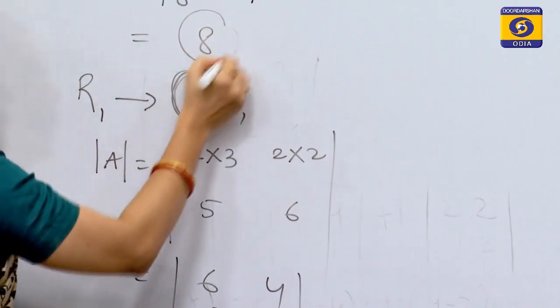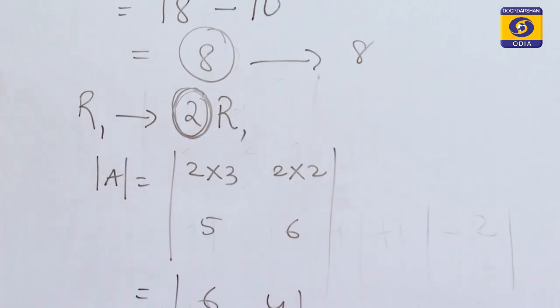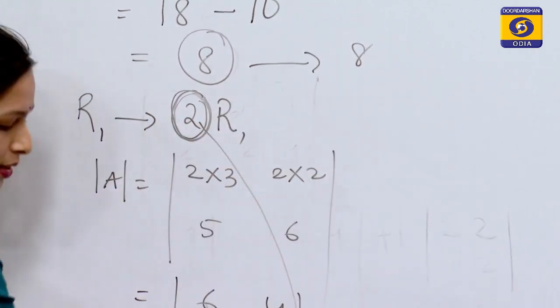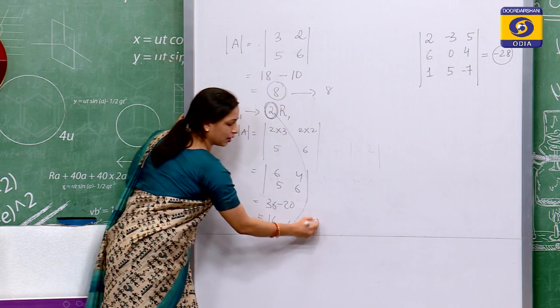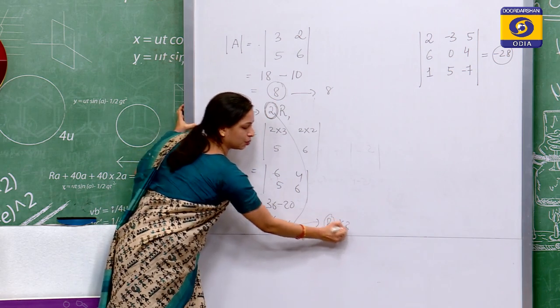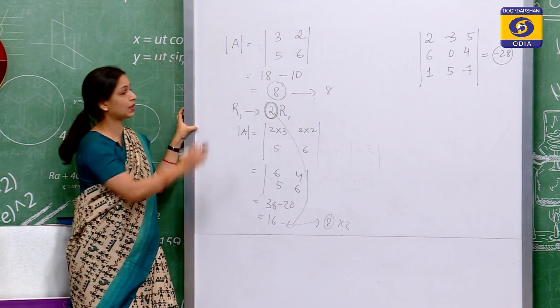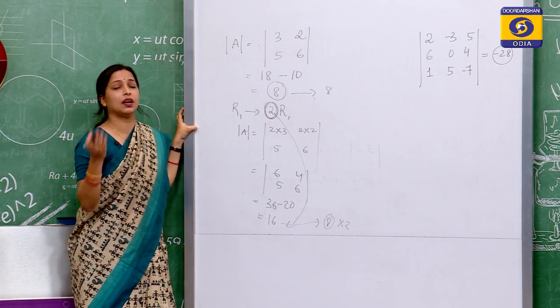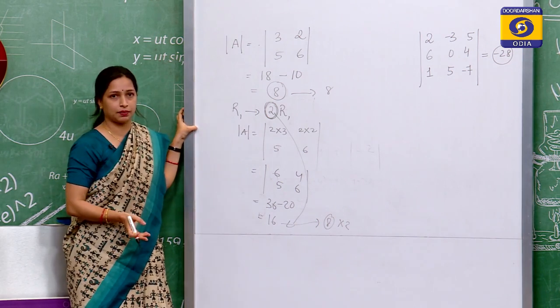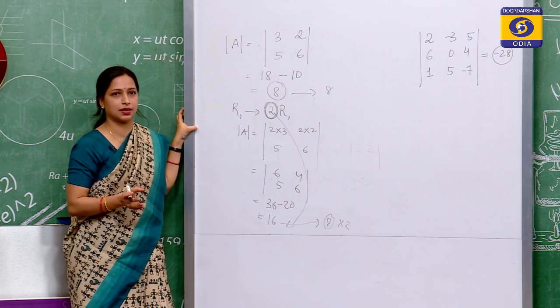So, the original determinant value is 8, constant is 2. So, here 8 into 2. So, the value is 16. Got it? Now, you can use it in a determinant of order 3 as well, and you are going to get the same result, right.